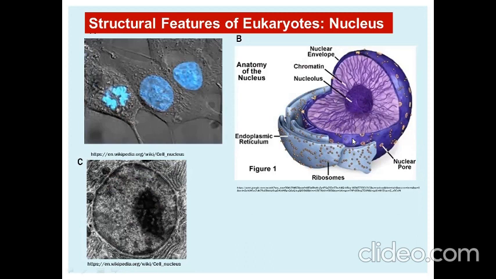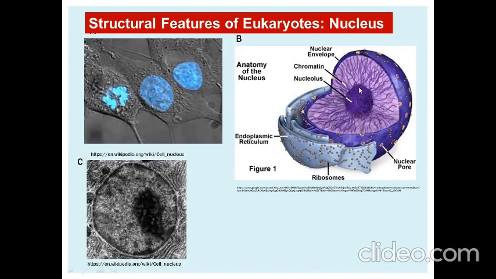The nucleus contains 90 to 95% of the DNA material, which remains as tightly packed chromatin fiber by forming a complex with a positively charged protein known as histone protein.